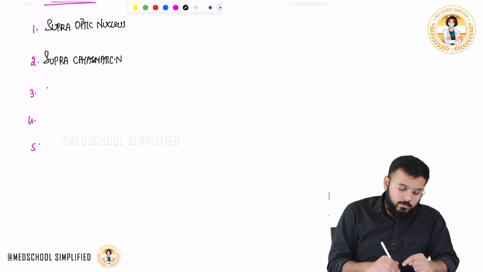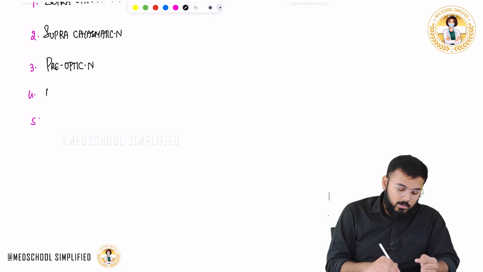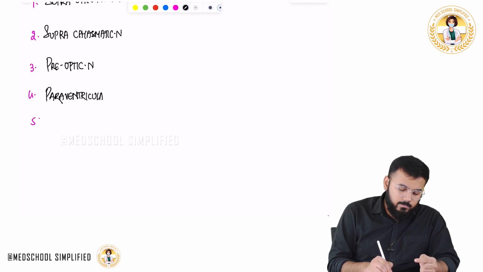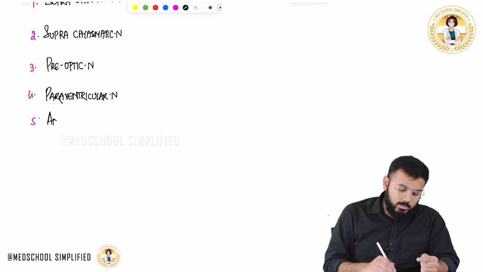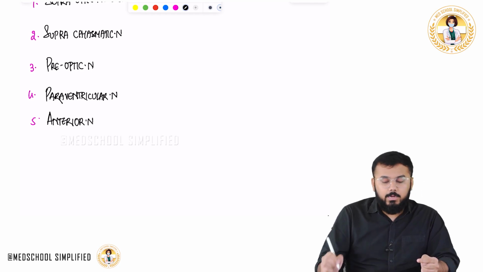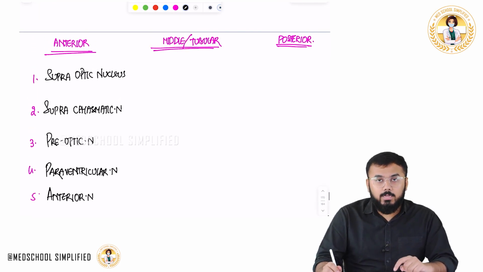Third one over here is called the preoptic nucleus. Fourth one is called the paraventricular nucleus. Fifth one is called your anterior nucleus. Okay, so these are the 5 nuclei that are located there.